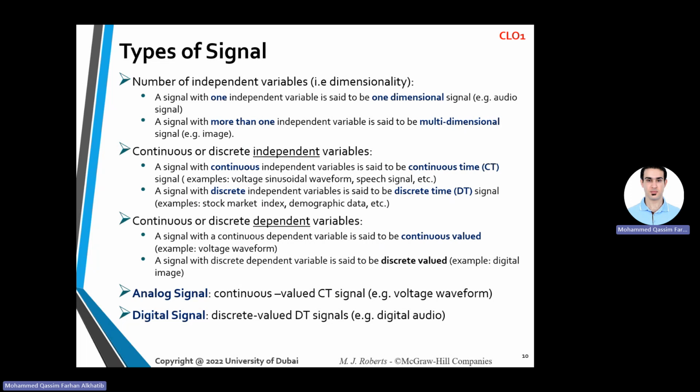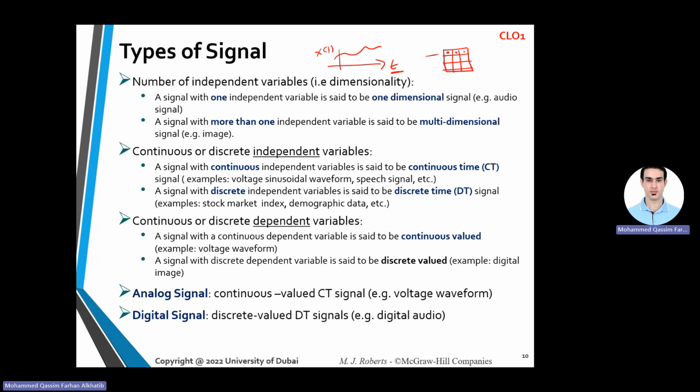All right, so we can classify signals as one-dimensional or multi-dimensional based on the number of independent inputs. For example, if you have an audio signal, the x-axis is time, and here is x of t, the audio signal. Here I have only one independent variable, so that's a one-dimensional signal. An image could be modeled as a matrix, and each index has a value.